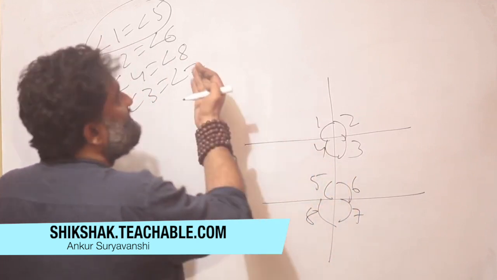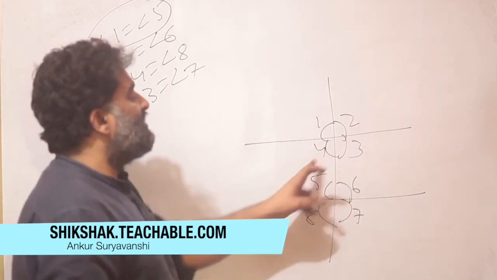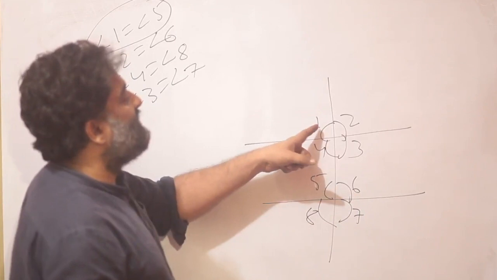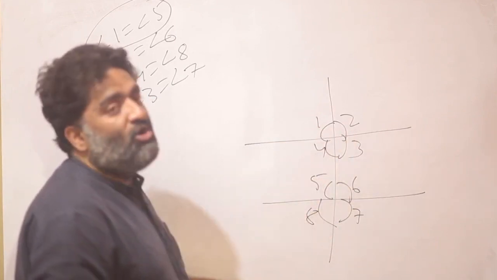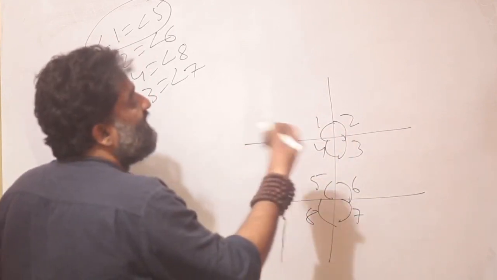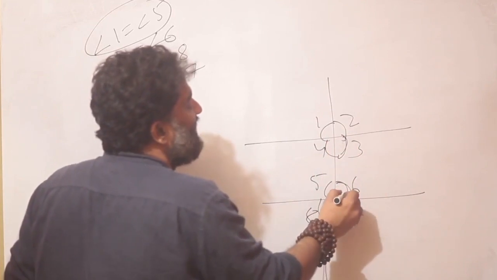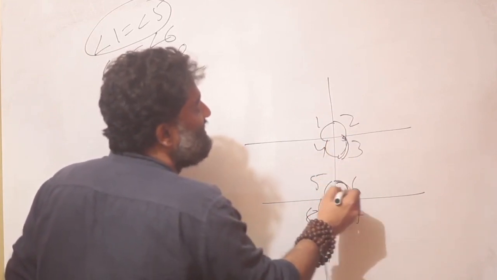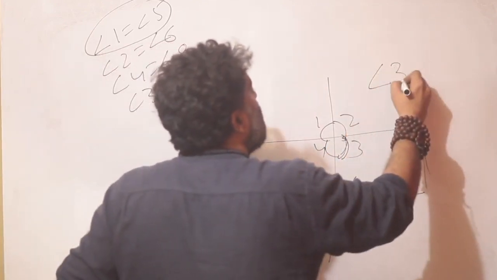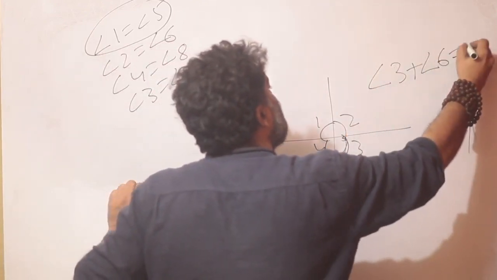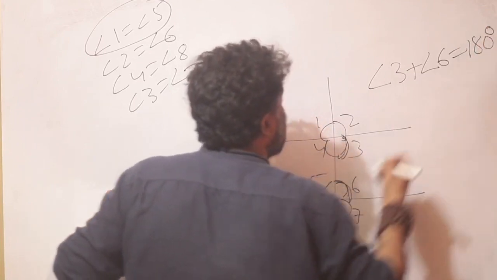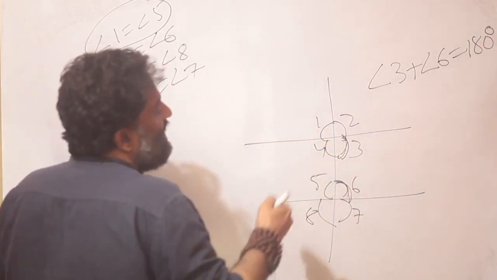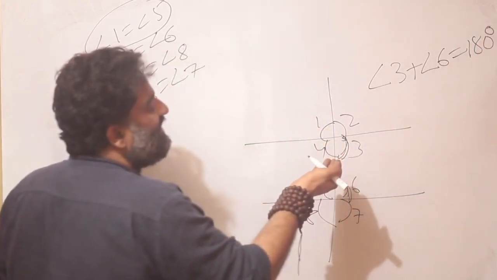So we have looked at corresponding angles are equal, alternate interior angles are equal, alternate exterior angles are also equal to each other. While discussing the terms, we also looked at interior angles on the same side of the transversal, angle 3 and angle 6. And I want to show that angle 3 plus angle 6 is going to be 180 degrees. How can I do that? And by now the process should be fairly intuitive.